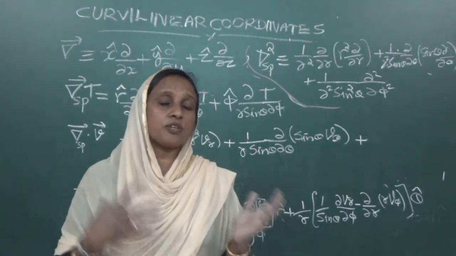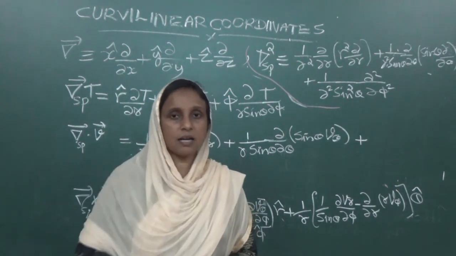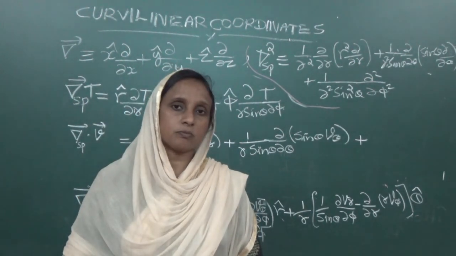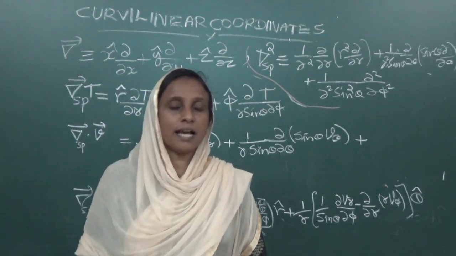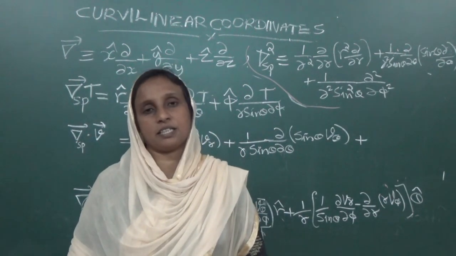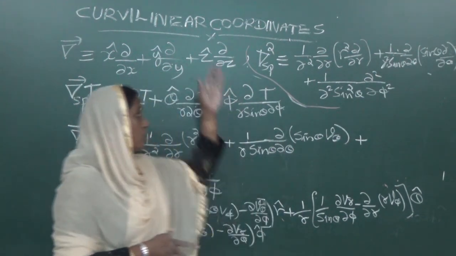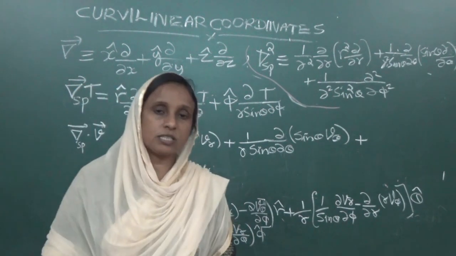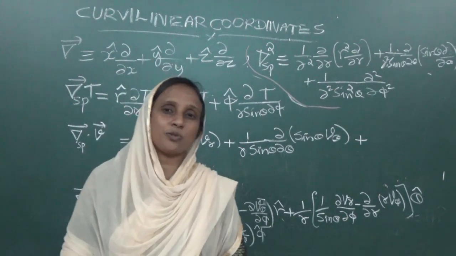Similarly, we learned about the infinitesimal displacement vector and its radial component, polar component and azimuthal component. Then we discussed elementary volume and elementary areal vectors. Finally, we extended all these concepts to differential operators: gradient, divergence, curl and Laplacian.